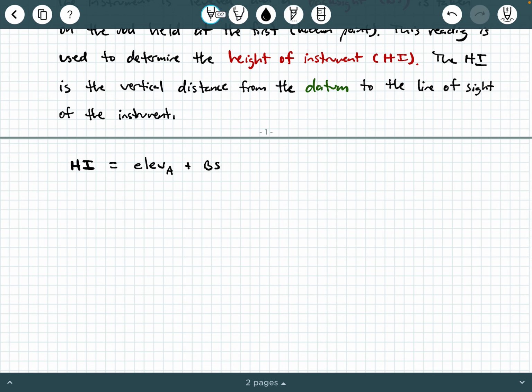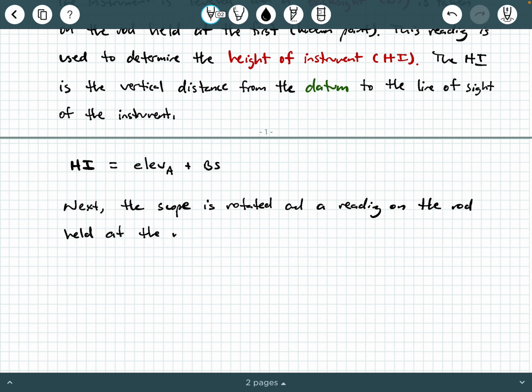So we're going to say next, the scope of the auto level is rotated and a reading on the rod held at the new point is taken by what's called a foresight, which we abbreviate FS, okay?